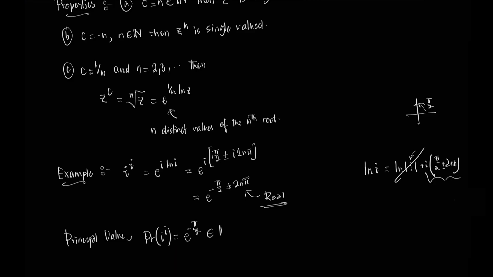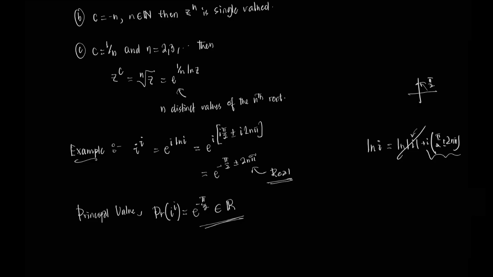So again, that is real. So even a complex number i, if you push it towards the power of a complex number, it will end up giving you e power minus pi by 2, which is real. Things are generally very bizarre here.